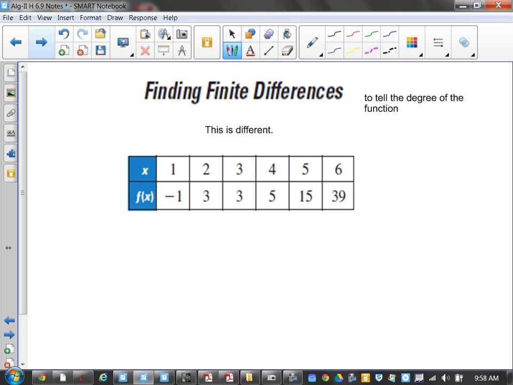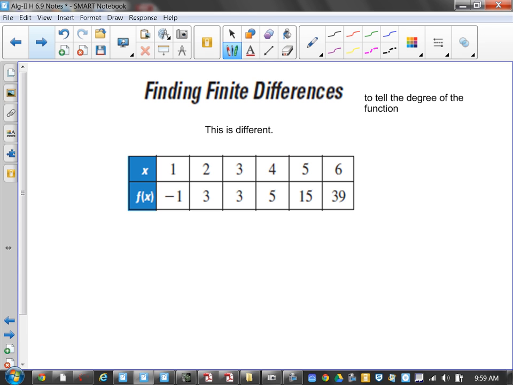When you're given a table, we talked about this earlier in the year where we could try to figure out if it was a cubic, a quartic, a quadratic, by counting the at most changes of direction. That's not always the most convenient way of doing things. It's not always correct. So what we can do is find what are called the finite differences.